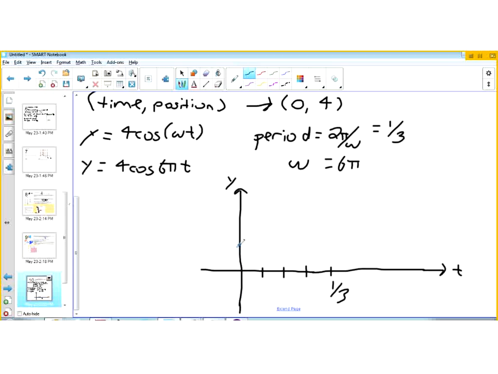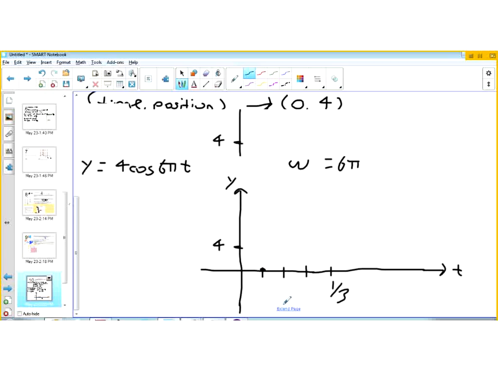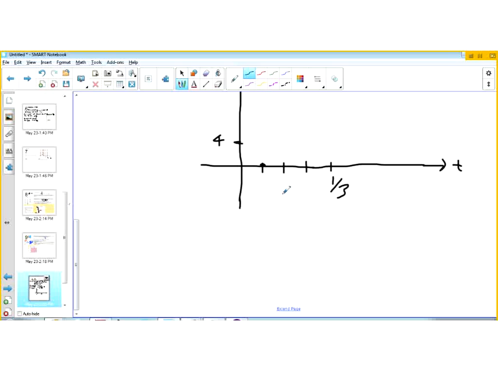And we know the cosine function ranges, at t equals 0, we'll have 4. And then 1/4 of the way through a complete period, the cosine function will attain a value of 0 at 1/12. And then halfway through the period, the cosine function attains its minimal value, so that would be -4.